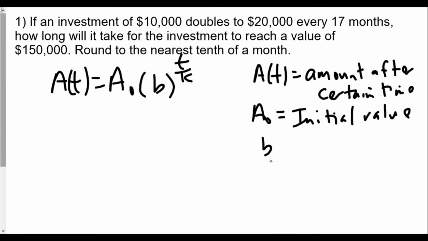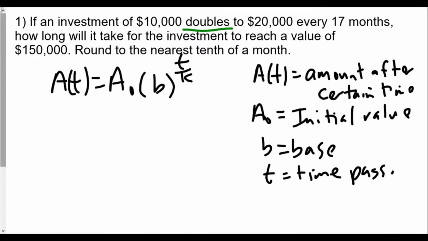Our b is our base, and this will depend upon what type of change is occurring. Here we see our amount doubling. Our t value is time, really the time passed. And k is going to be the time interval.